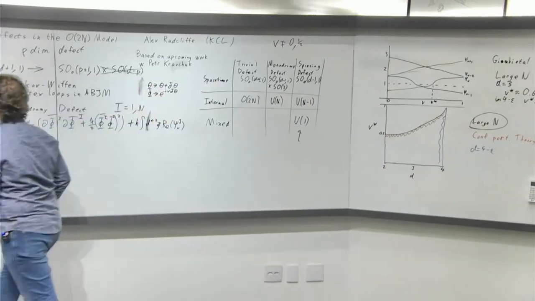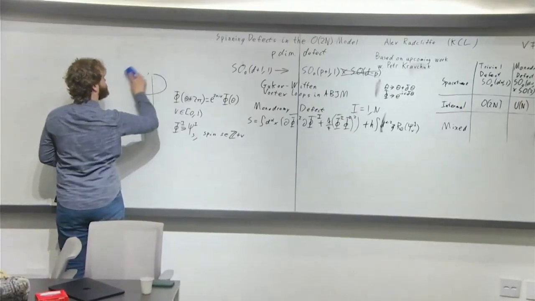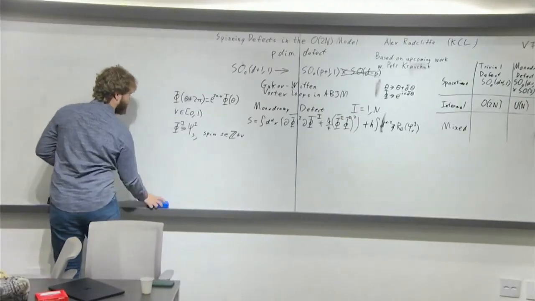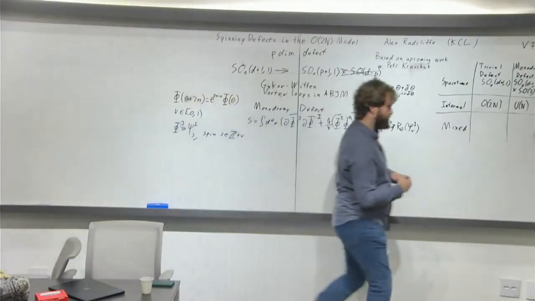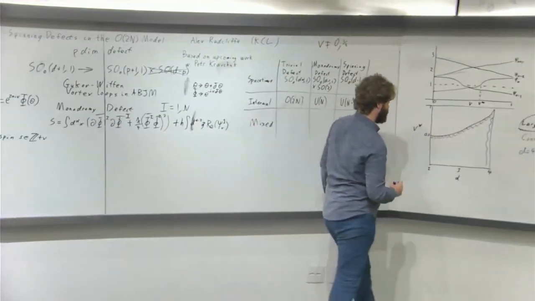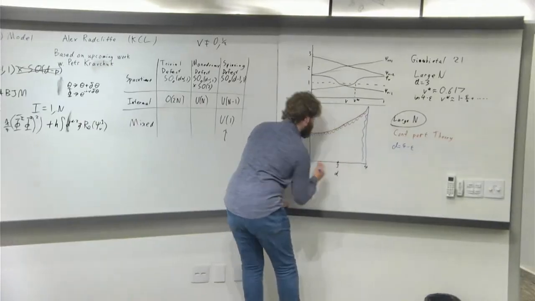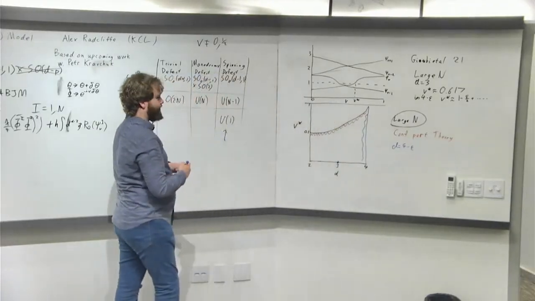So I'm going to be a bit sketchy about this since it's a half-hour talk. But to look at these results at large n, oh, sorry, there's one more thing I want to point out about this plot, which is in the case where v equals 0, we have no monodromy, and in the case where d equals 3, we have a line defect.